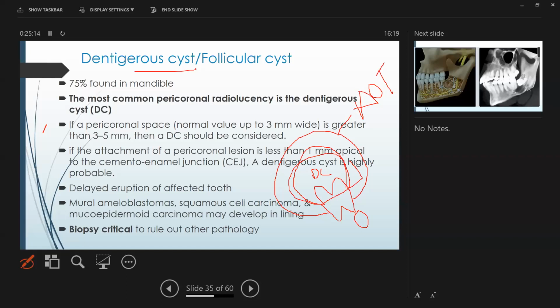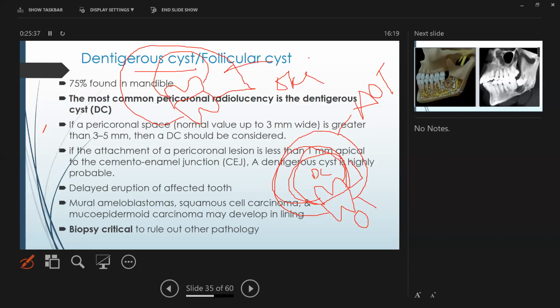Sometimes it can be more coronal, or it can behave like the apical. I'll draw one more picture like this. If it is attaching apical, or sometimes coronal or apical to this one, then it is most likely to be an OKC.